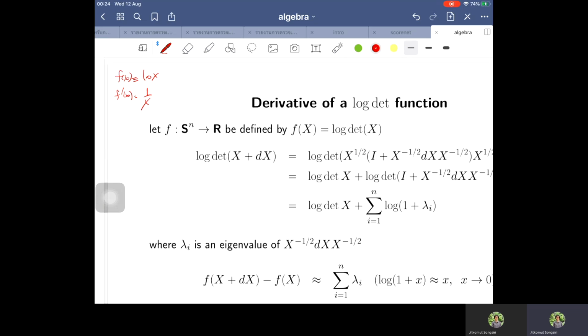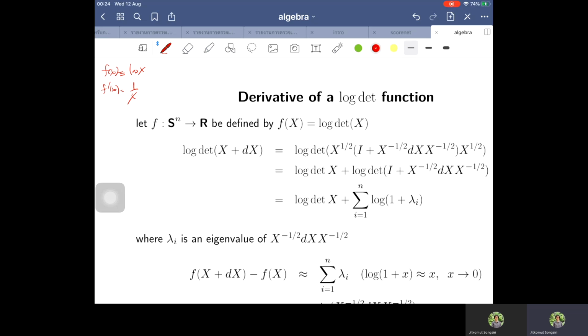Okay, now I would like to extend to a function of a matrix f mapped from symmetric matrix to R. Of course, in the scalar case, the domain of f is R++, only positive values. It's going to be in the domain of log x.